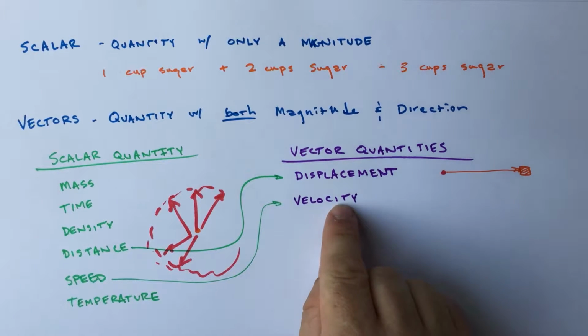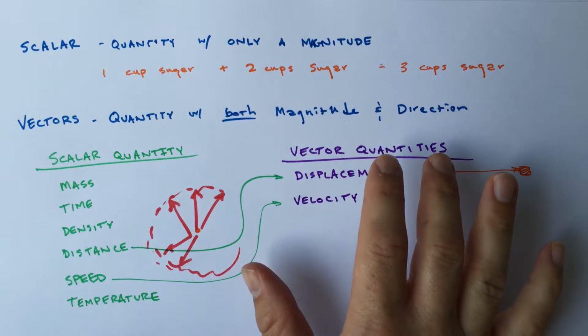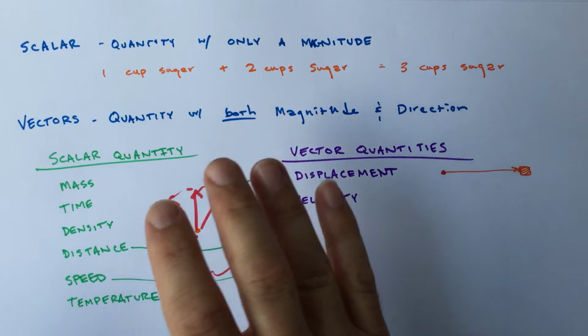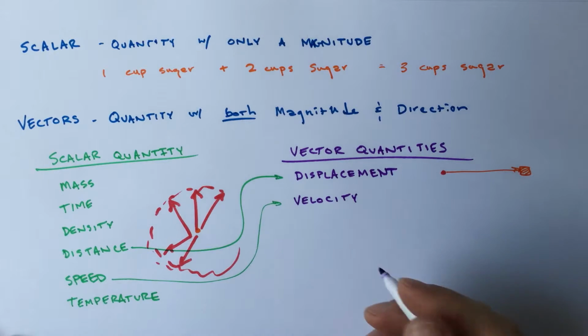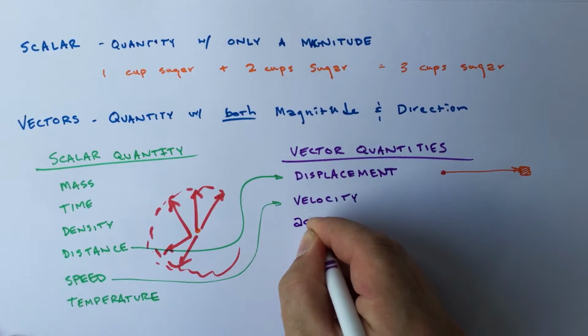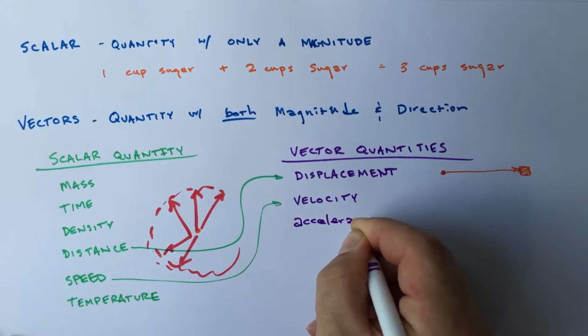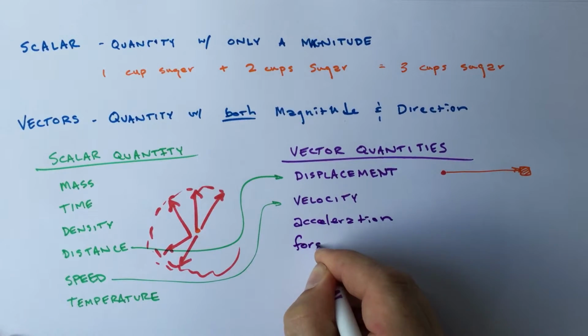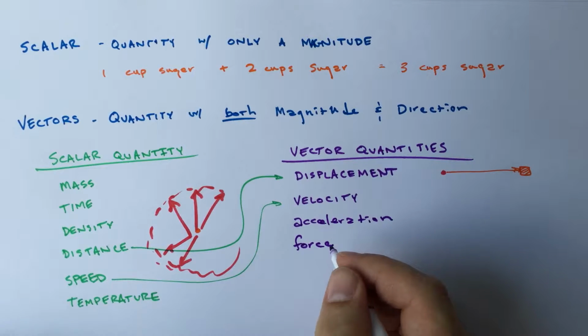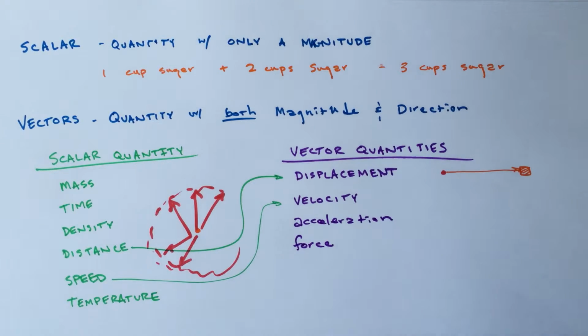A velocity would have to be I'm going 5 miles an hour north, or some direction representing either an angle or some way to represent which way that is going. There are some more vector quantities that you have to know are vector quantities. There's one we're going to talk about that's called acceleration. Force is a vector quantity, and we'll talk about more.